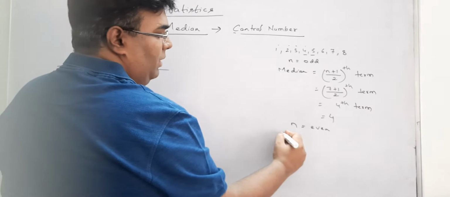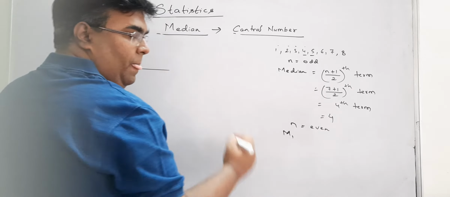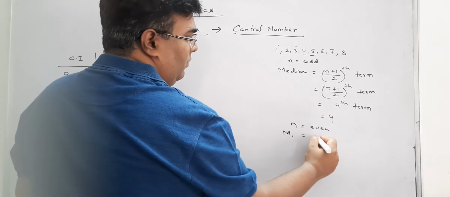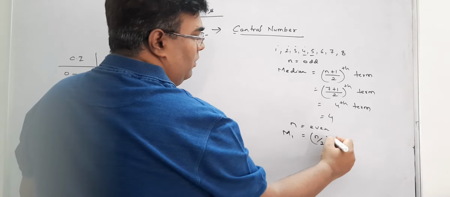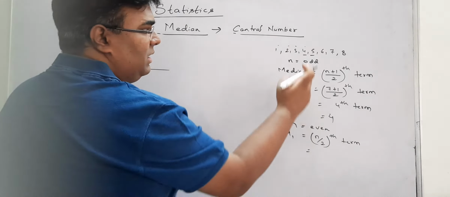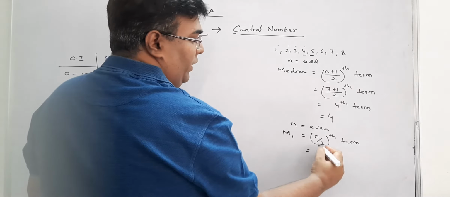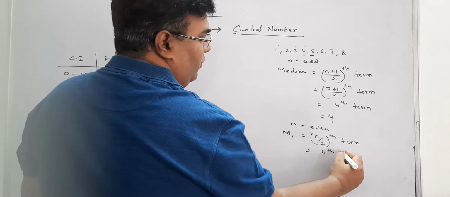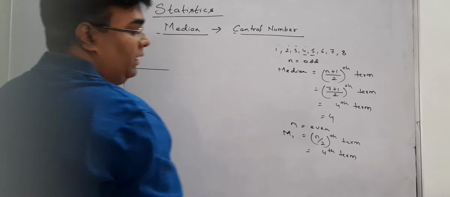Formula for median will be, so median 1, the first median m1, will be the n by 2th term. In this case n is 8, so 8 by 2, the 4th term. Correct?